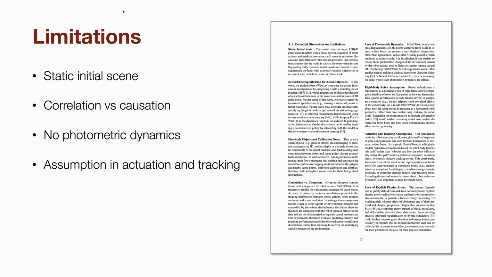It's not really possible realistically because of, for example, just different setups and maybe different payloads, etc. So the controller may not really accurately track the actions that we give to the model, but the model is still forced to predict the scenarios under that situation. So this is also another limitation.